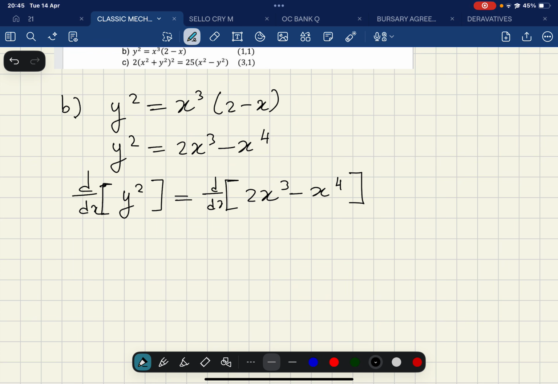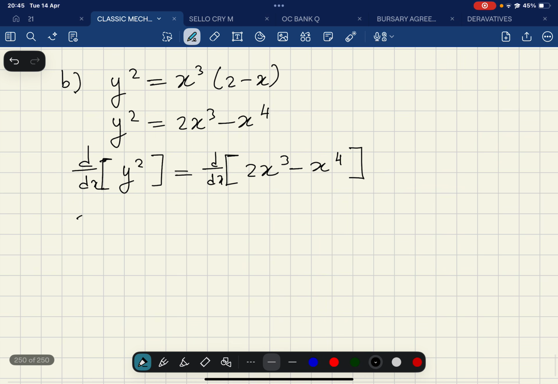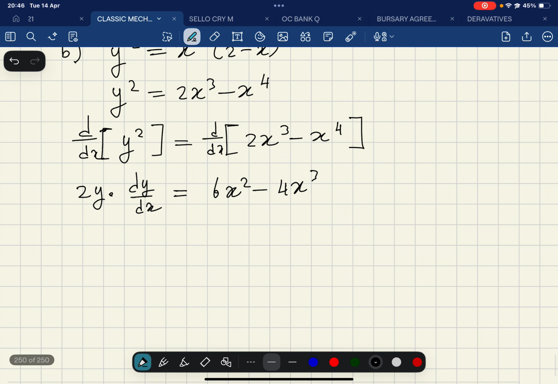When I derive, I get 2y multiplied by dy over dx, which is equal to, on the right hand side, 6x squared minus 4x cubed. From there, I divide both sides by 2y, which means my dy over dx is equal to 6x squared minus 4x cubed, all divided by 2y.